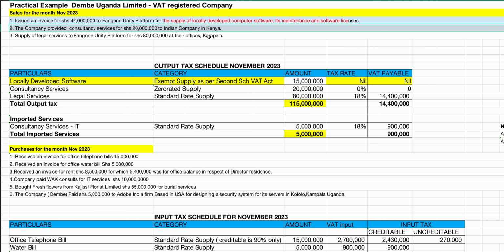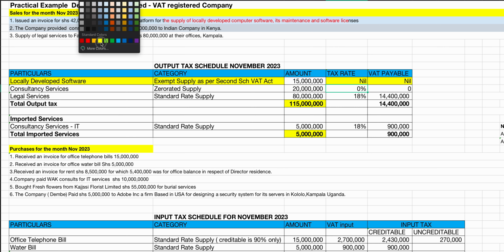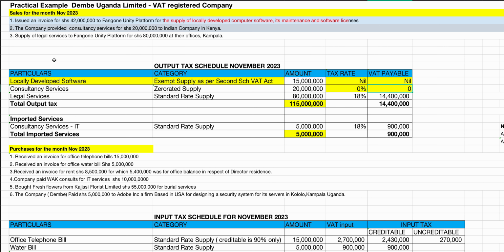That is a zero-rated sale. So you must also be conversant with the third schedule of the VAT Act, which incorporates the zero-rated sales. So consultancy services to a Kenyan company is a zero-rated sale, and it will be taxed at a rate of 0%, and the VAT payable is 0. Okay.